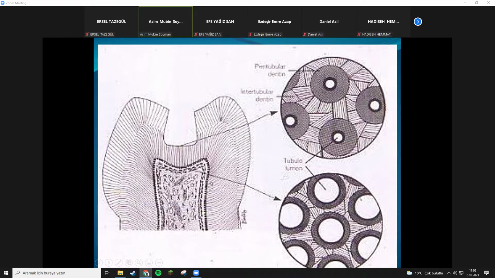This is very important from the clinical viewpoint because if you open a shallow cavity, you are going to work in this region where the diameters of the dentinal tubuli are narrow. Now we know histologically in dentinal tubuli, there is dentinal fluid. Dentinal fluid is a sort of water.